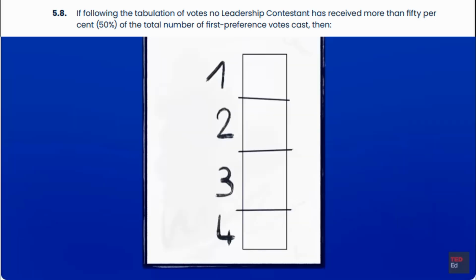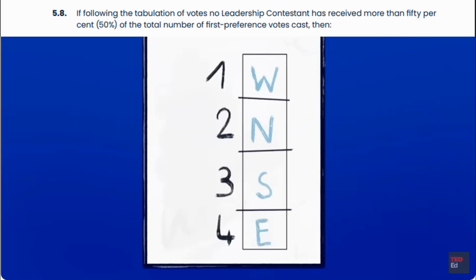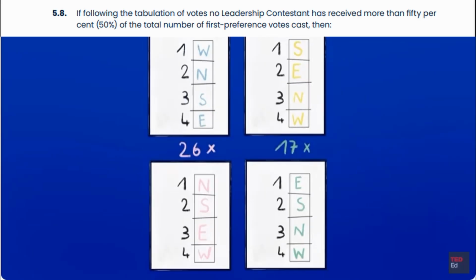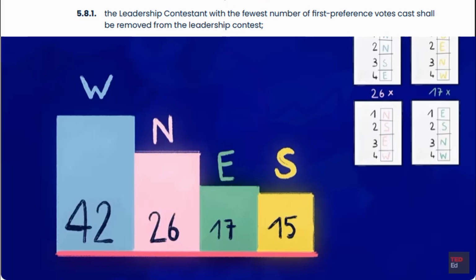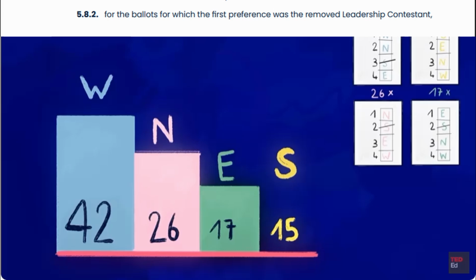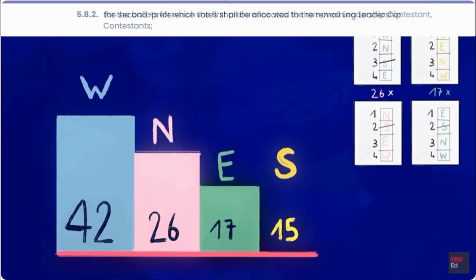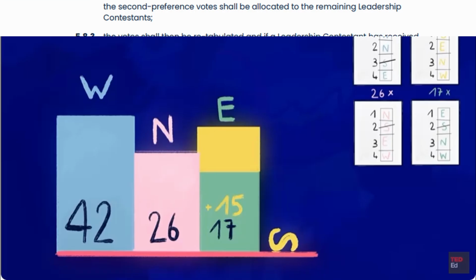5.8. If following the tabulation of votes, no leadership contestant has received more than 50% of the total number of first preference votes cast, then 5.8.1. The leadership contestant with the fewest number of first preference votes cast will be eliminated. 5.8.2. For the ballots for which the first preference was the removed leadership contestant, the second preference votes will be allocated to the remaining leadership contestants. 5.8.3.